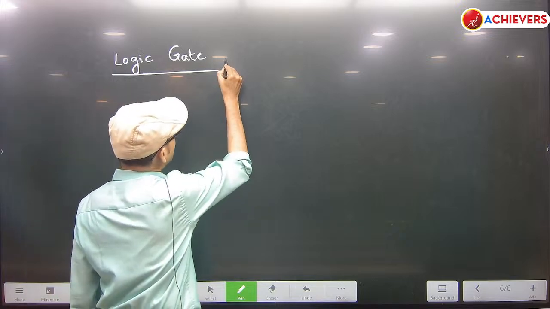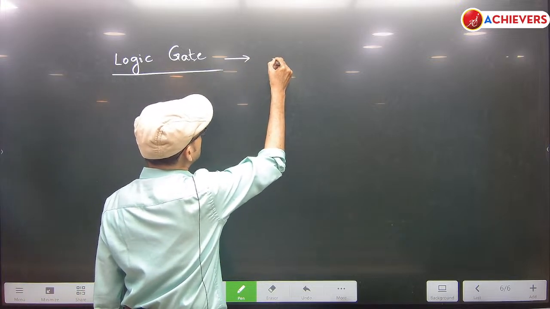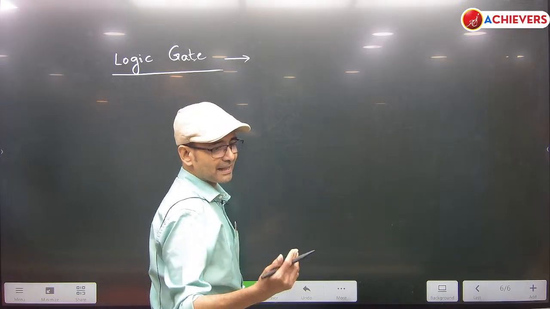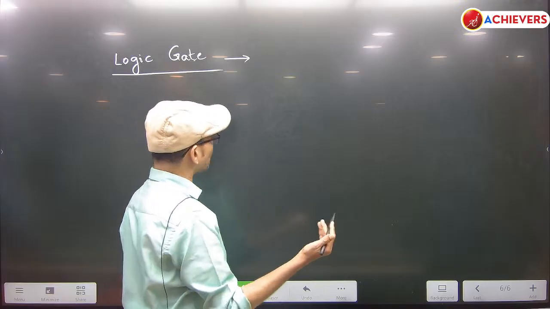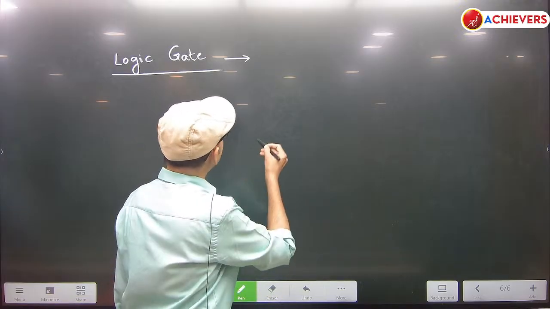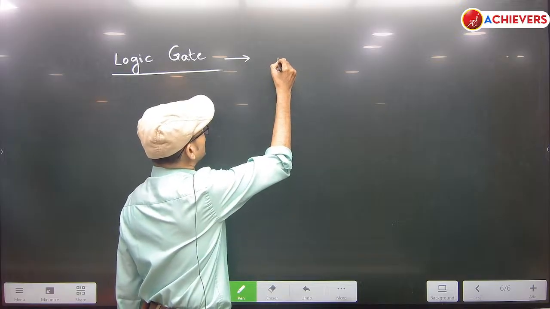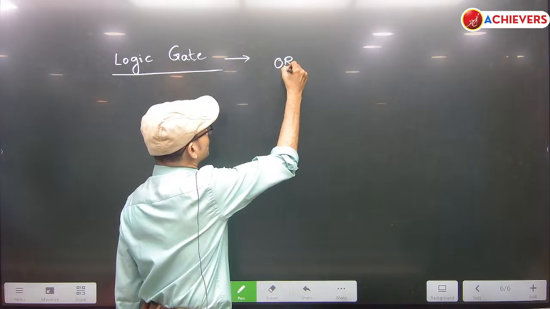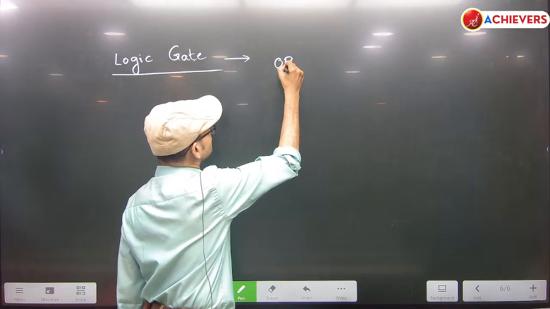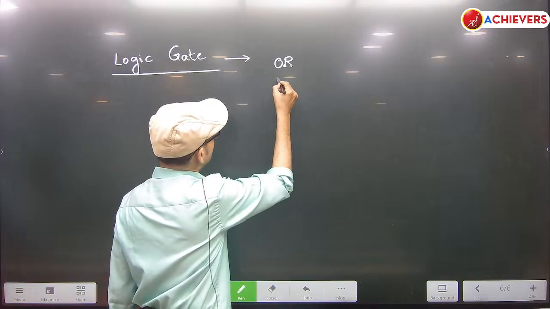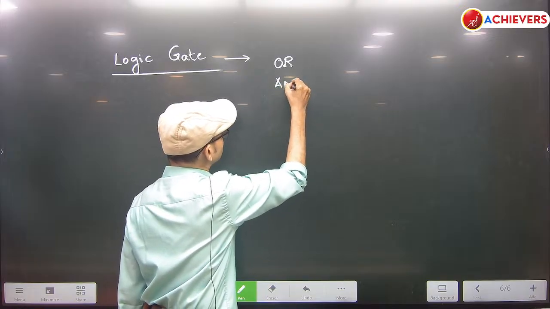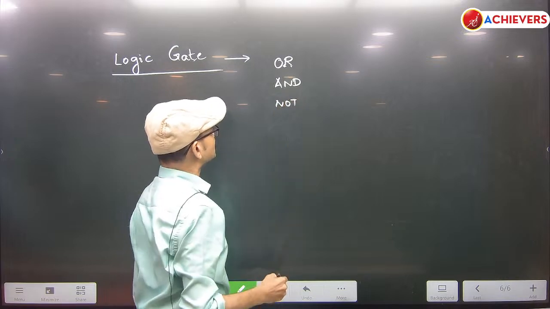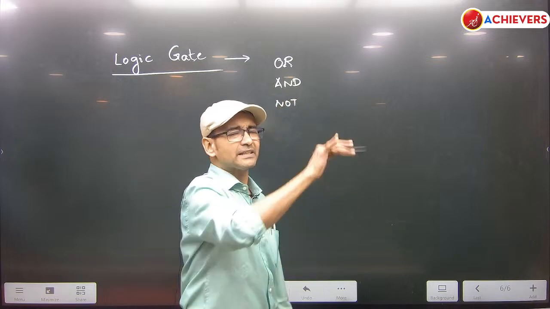Logic gates can be of different types, just as we saw in the previous algorithm, flowchart or C program, that we can have an OR condition, an AND condition, and a NOT condition, or a combination of any of these.